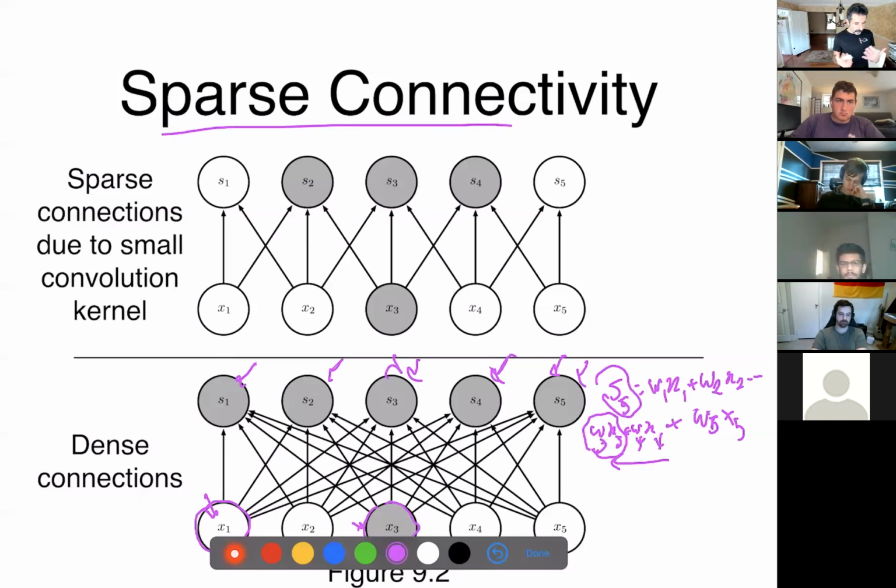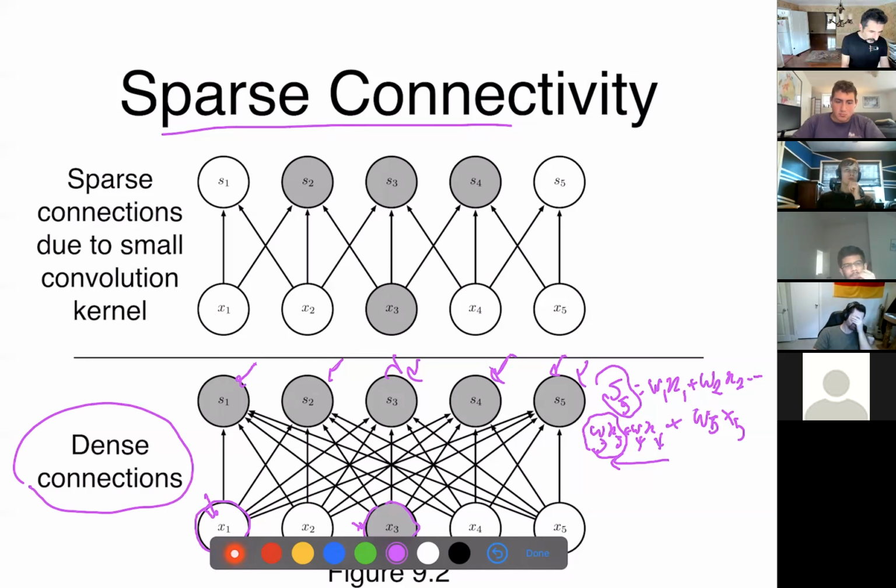Okay, so this is what's really happening in dense connections, right? In a deep neural network, which has dense connections between each layer, and this is what you have learned. We discussed the architecture of neural networks, and the neural network stuff that we discussed had these dense connections, if you remember.